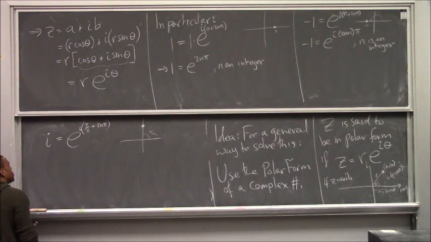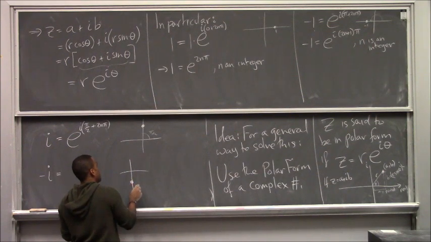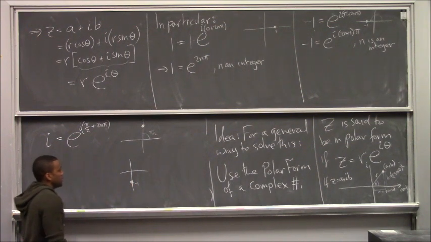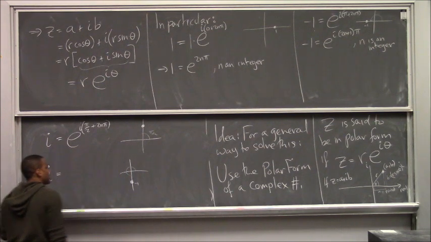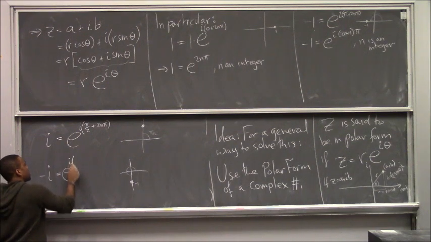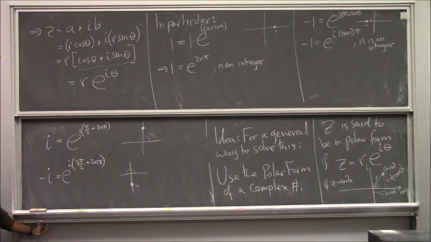And minus i, which means I have this guy down here, -1 unit, I can look at this as 3 pi over 2 plus 2n pi. So I can think of the basic building blocks of a complex number: the unit 1, the unit -1, the unit i, the unit minus i. And I can actually construct any complex number using these.